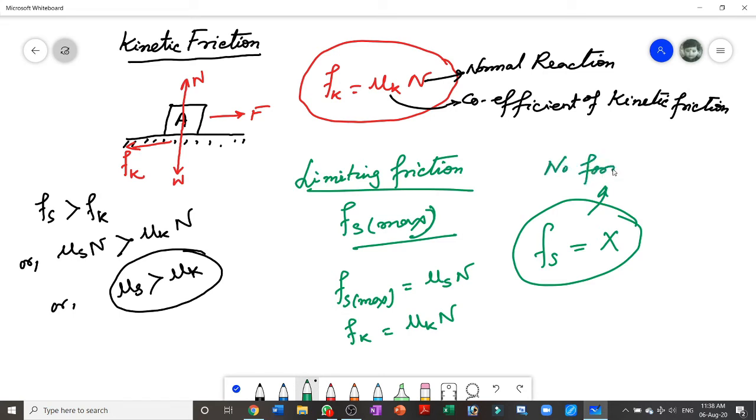There is no such formula for Fs only. Always remember this: it is the limiting friction that we can compare with the normal reaction, not Fs. Fs is self-adjusting, it has a self-adjusting value. It is a variable one, so we cannot define it with a formula here.